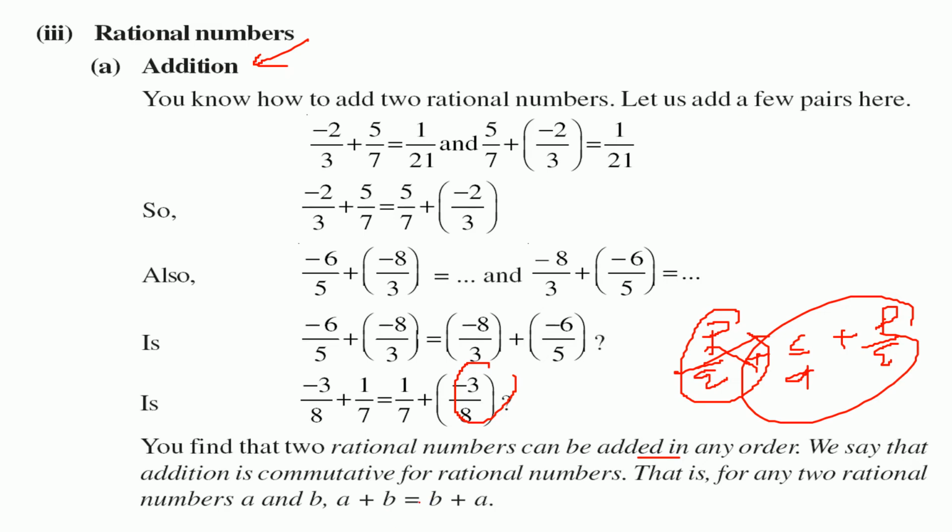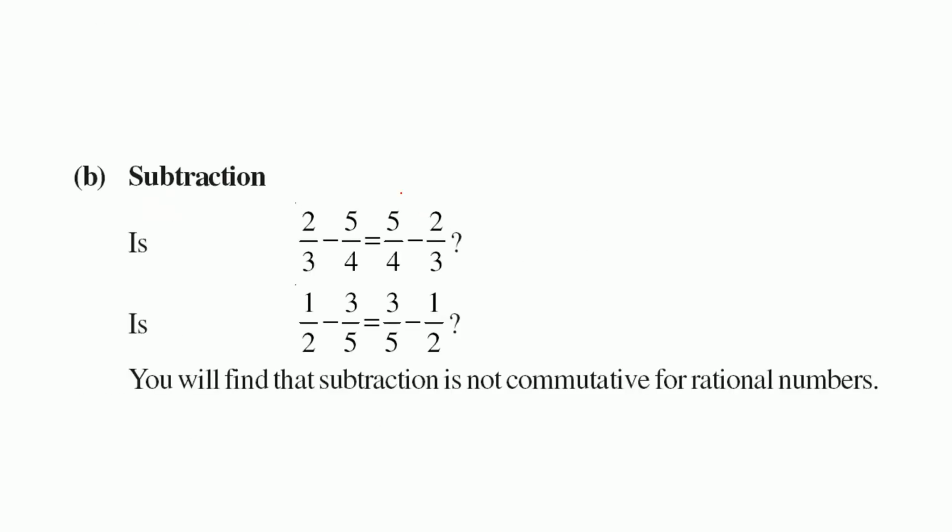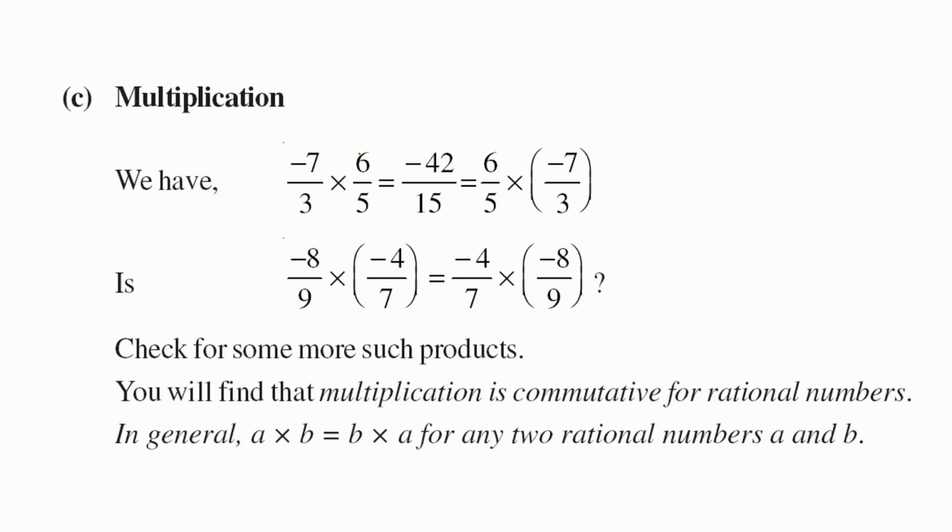So a plus b is equal to b plus a, where a and b are both rational numbers. When you subtract rational numbers, since the results are going to be different, we say that subtraction is not commutative for rational numbers. When we multiply, there will be no problem between a cross b and b cross a. If you commute a and b, multiplication is going to give you the same rational number, so it is commutative.